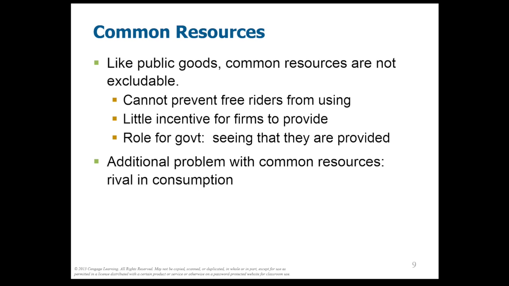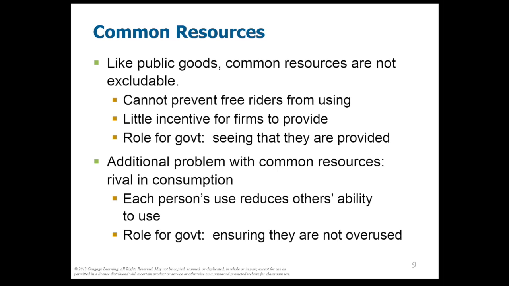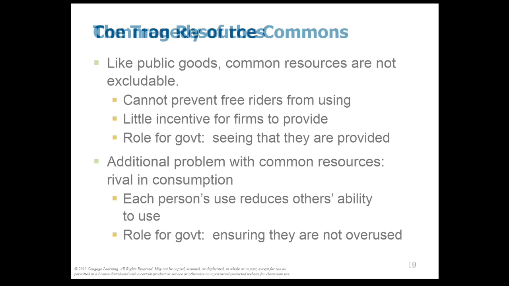And there's an even worse problem with common resources. So you have all the problems with public goods, but on top of it, common resources are rival, meaning if you use it up, then I cannot use it anymore. So each person's use is going to make me not be able to use it, and now the government has to both provide it and kind of regulate this thing.